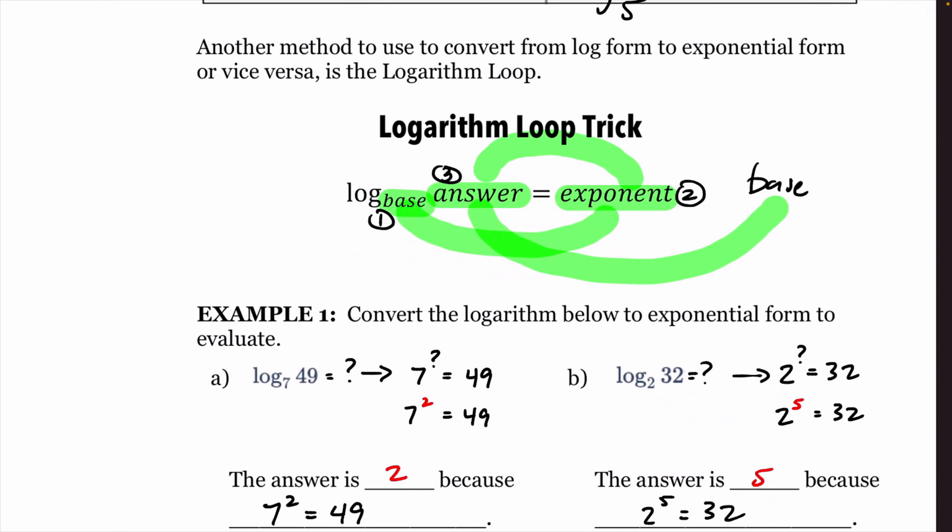The exponent. And then I ended with the answer. Okay? It's an easier way of going from over here, log, to over here, exponent. Okay, I'll show you on the next problem. If it helps, great. If it doesn't, don't worry about it.